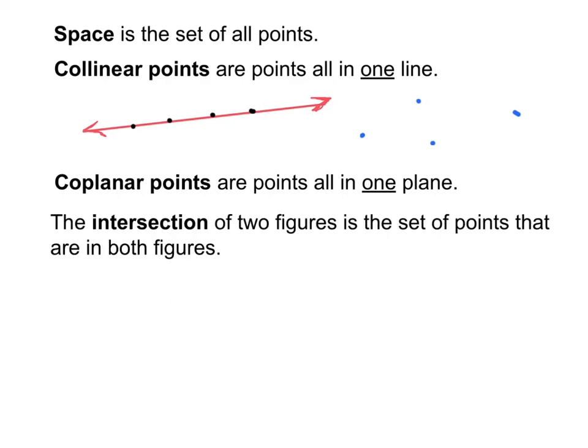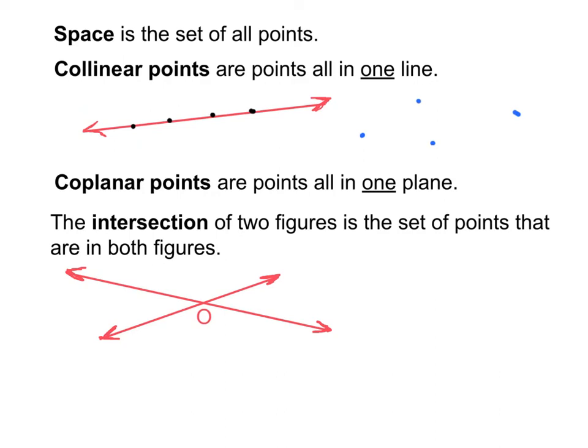Now, the intersection of two figures is the set of points that are in both figures. For example, the intersection of these two lines is a point. It is, as you can see on the figure, labeled point O. Now imagine what the intersection would be of two planes.